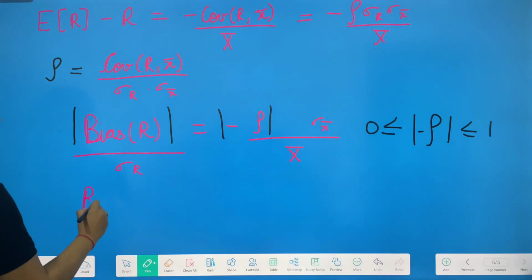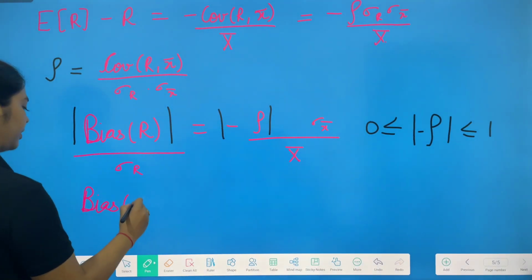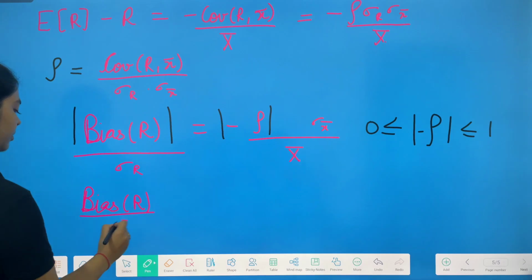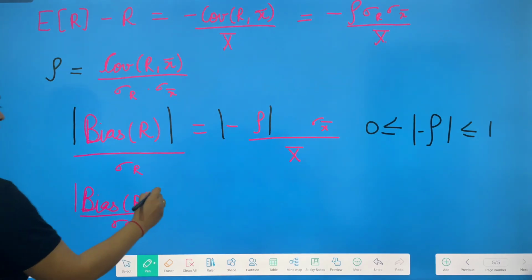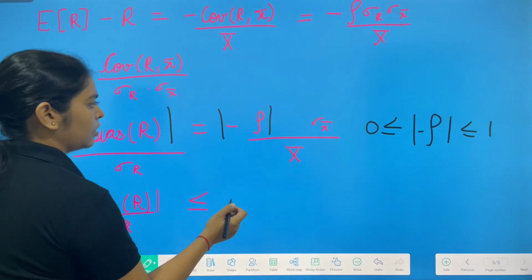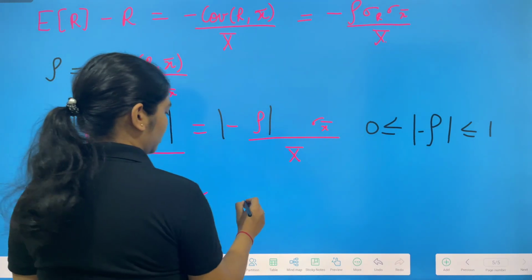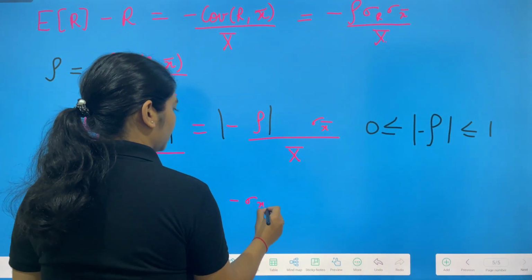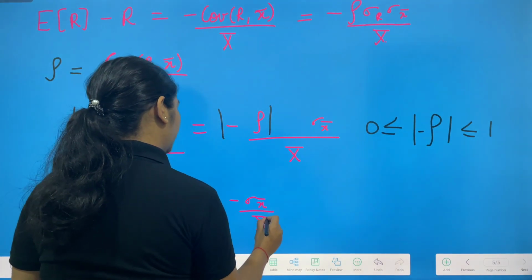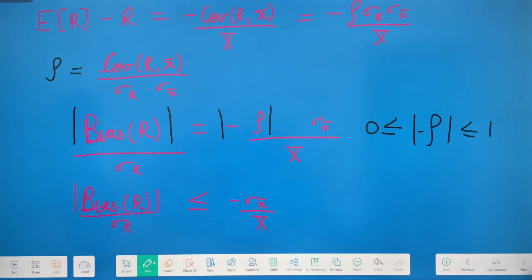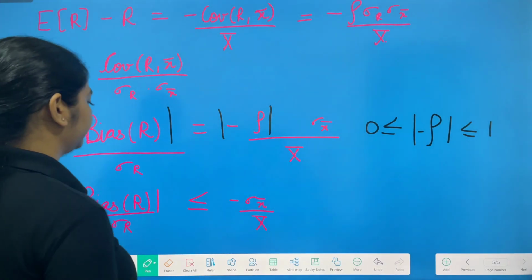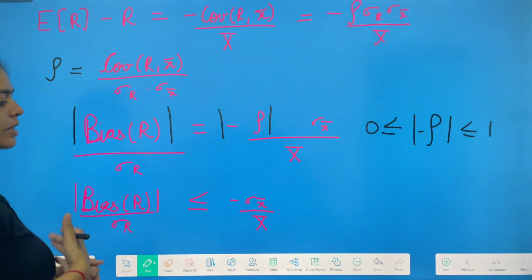So we are left with bias of R upon sigma R upon X bar. This can be written like this. Okay, so this is the upper bound.